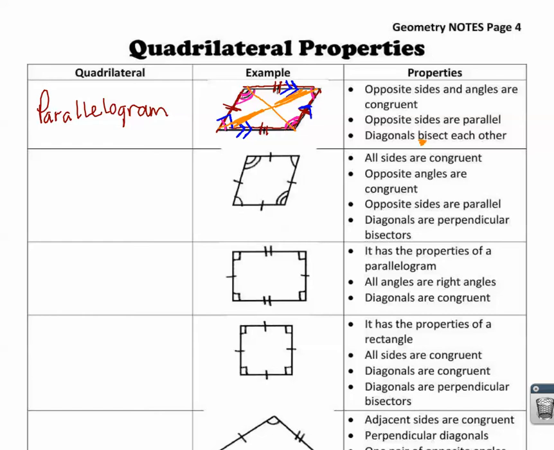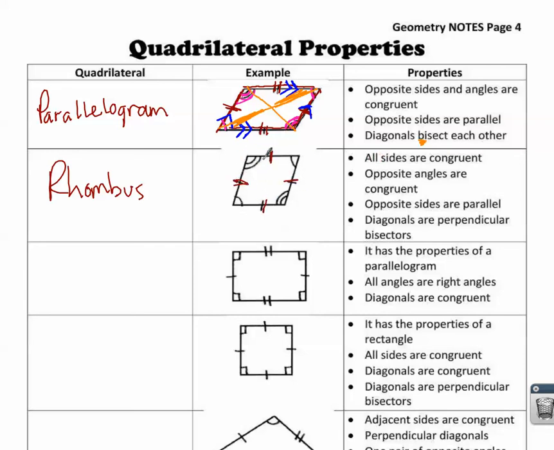In our next shape, this is a rhombus. It is very similar to a square, except it does not require 90-degree angles. So all sides are congruent. That's why you see four single tick marks.